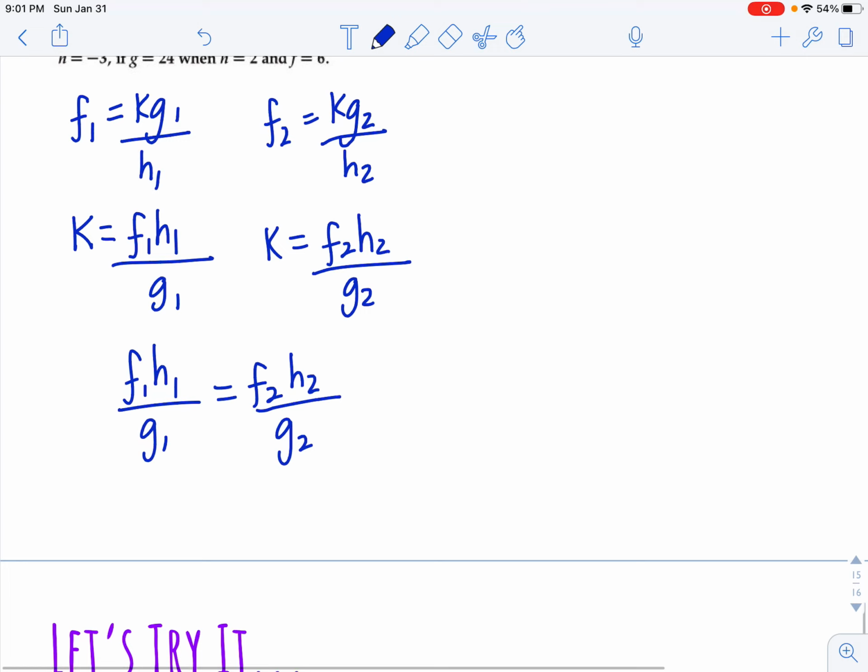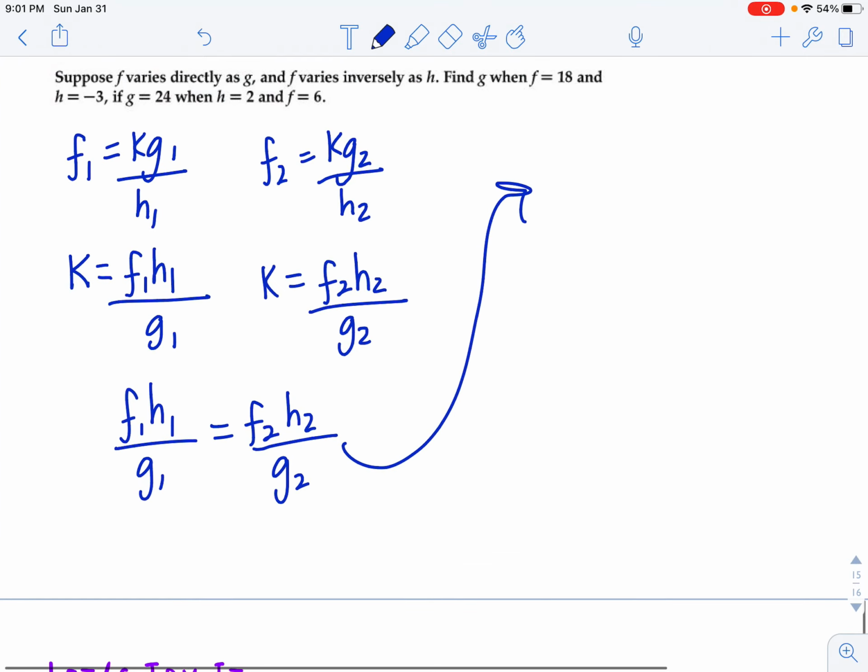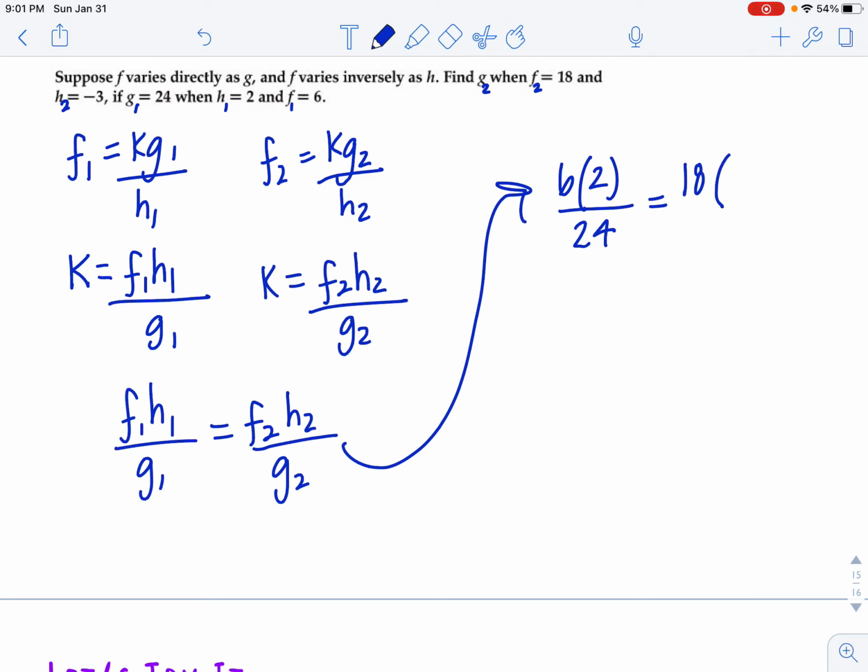And then you just substitute your values in. So f1 is 6 times h1 is 2 over g1 is 24 is equal to f2, which is 18, times h2, which is -3, over g2, which we don't know.